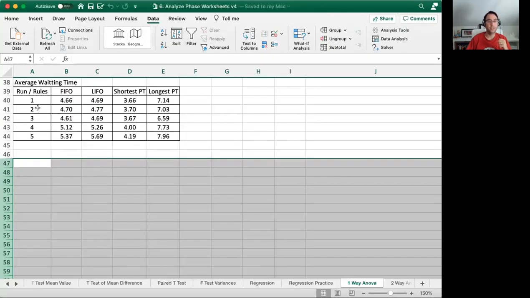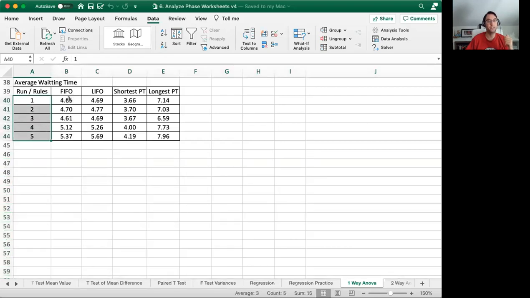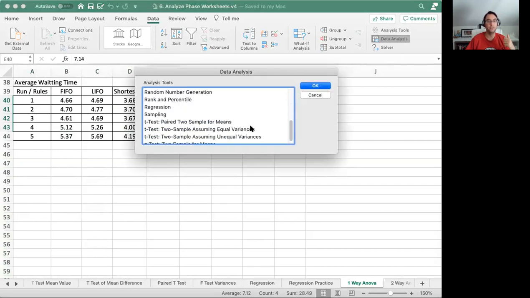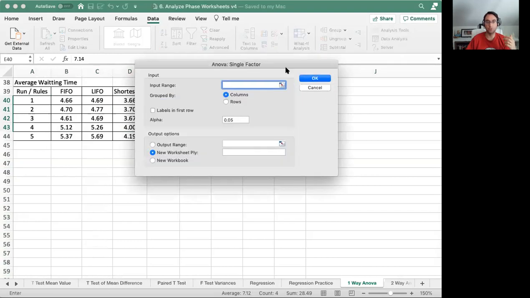Then I have this table with the average processing time of these different observations, right? I took 5 observations of each rule, so I have 5 runs that I did. This is the one using FIFO, this is the one using LIFO, shortest processing time, longest processing time. What I want you guys to do is run the data analysis, the single factor ANOVA, which is the one-way ANOVA.